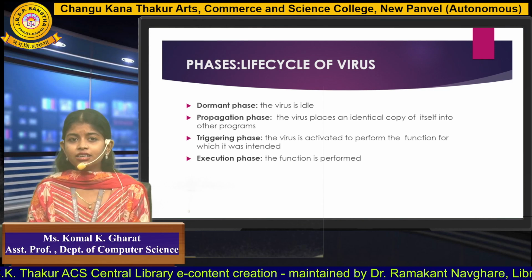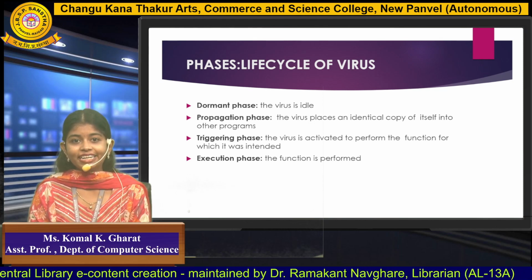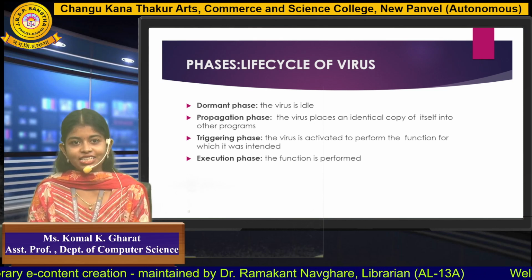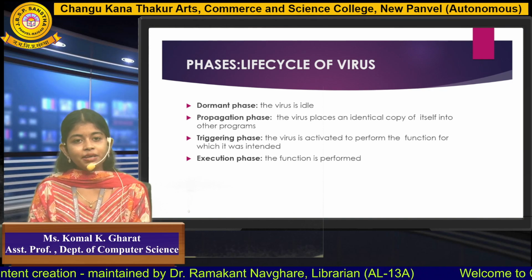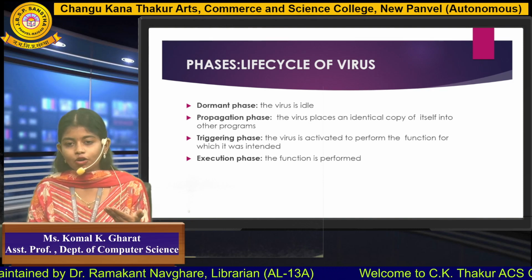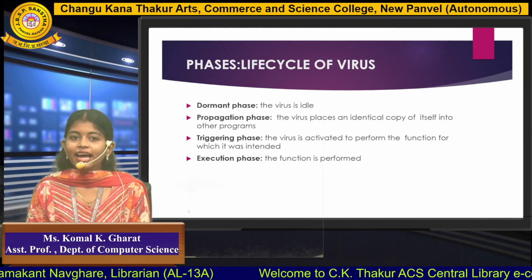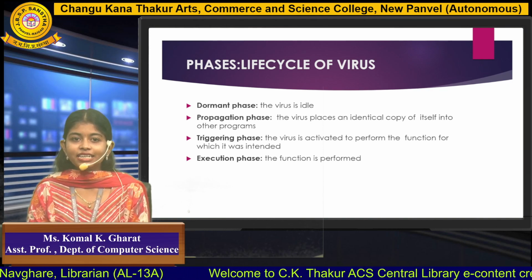Then the second phase is propagation. The virus places an identical copy of itself into other programs. Means in the propagation phase, the virus creates its own copies and those copies spread in the system. And the third phase is the triggering phase.